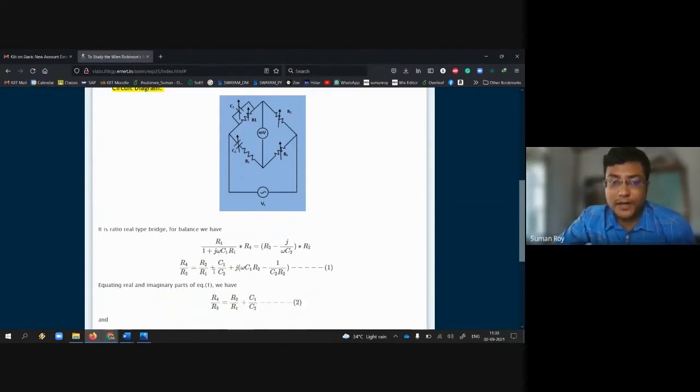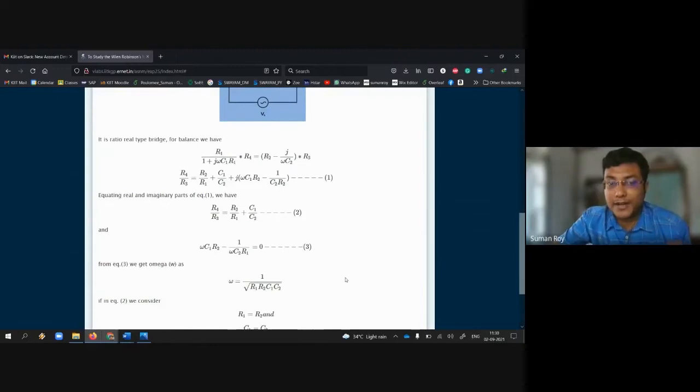Now we can easily derive the bridge balance equation from this bridge. I am not going to discuss the derivation of the bridge balance equation, so ultimately this will be the final expression. From this equation number 1, if you compare the imaginary part and real part, you will see that on the left hand side of the equation there is no imaginary term, that means plus j into 0 is there.